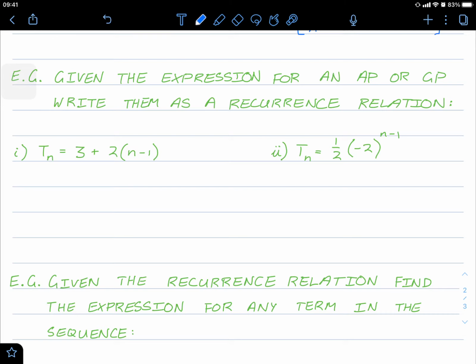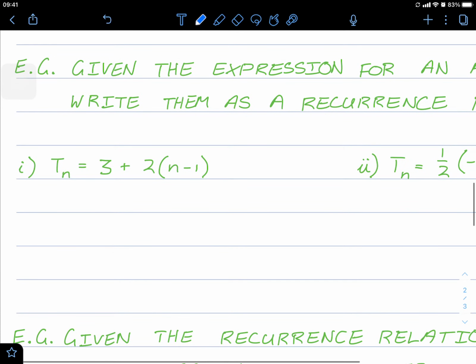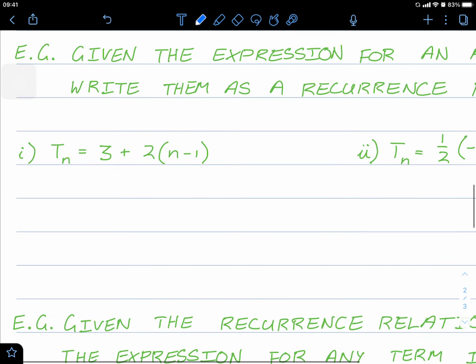So for this one, the best way you can do it is find the first few terms. So let's say we find T1. T1 is substituting 1 here. So 2 times 0 is 0, so the first term here is 3.